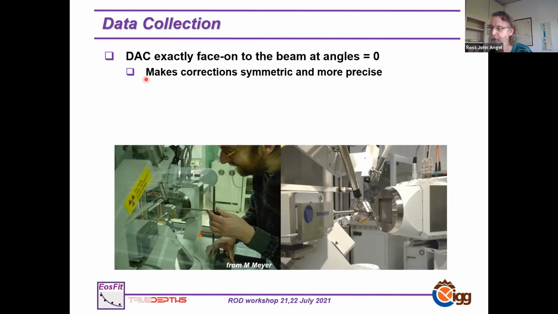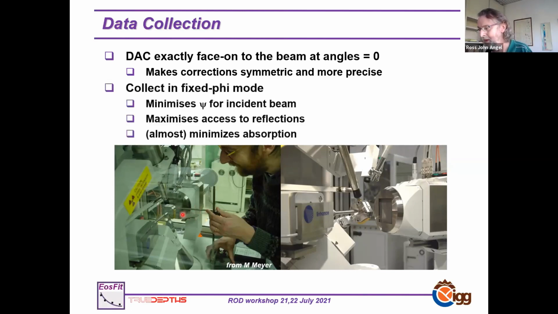The reason for doing this is it means that all of the corrections are symmetric, more precise, and since the software is based on the assumption that the cell is face on to the beam, the data corrections will be correct. And then you need to collect in what used to be called fixed phi mode.